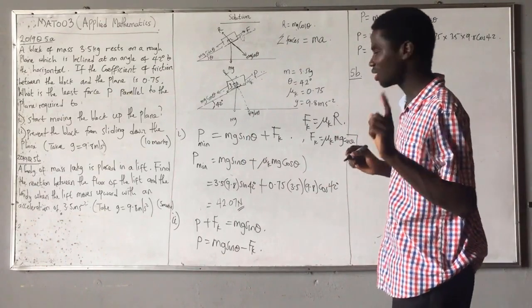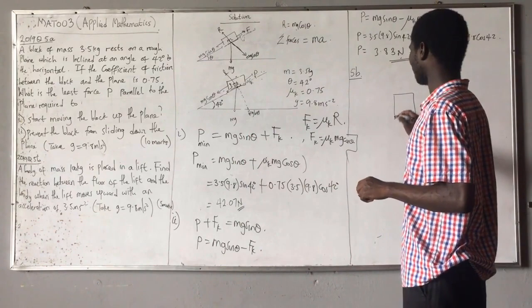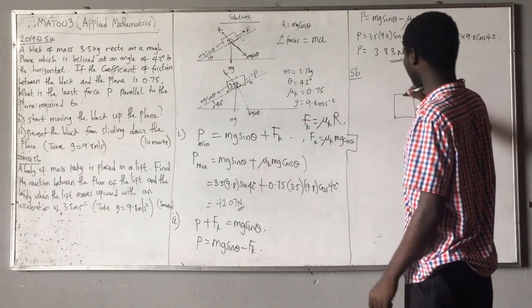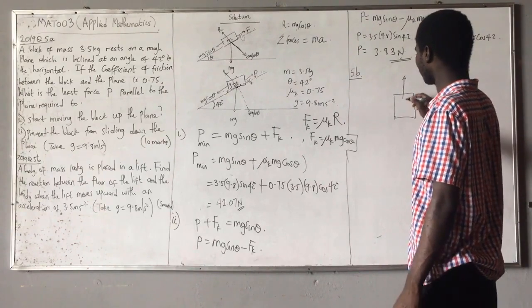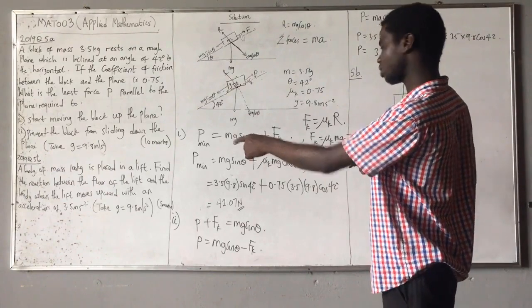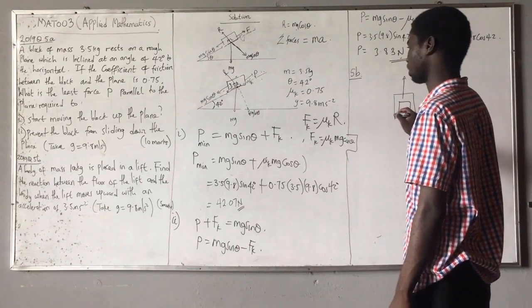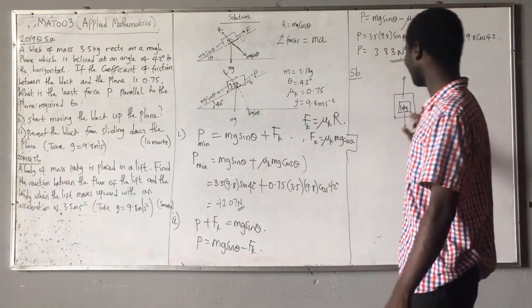Draw diagram. Let this place be the lift. You have something here. So what is pulling? You can just put the mass 10 kg inside here, say a body of mass 10 kg, or any way you can draw it that will make sense.